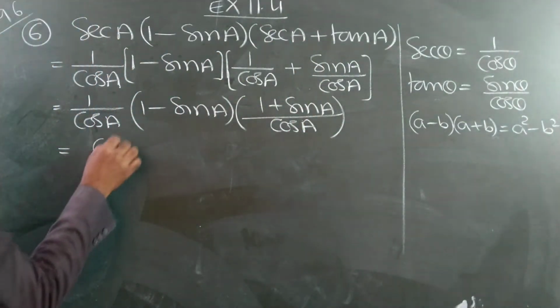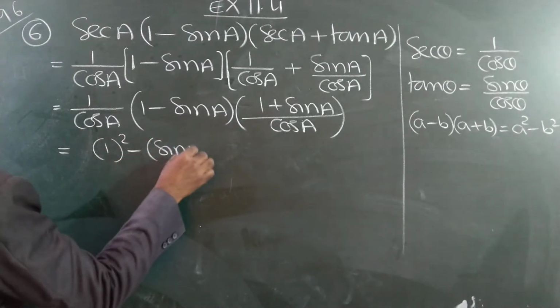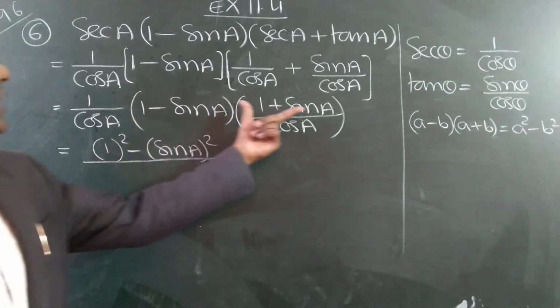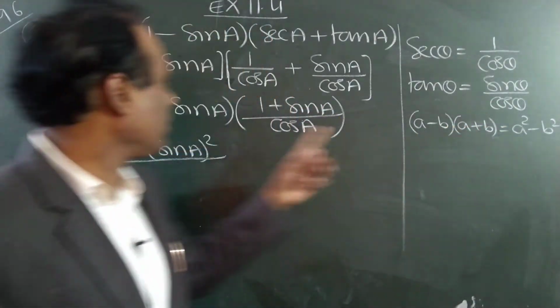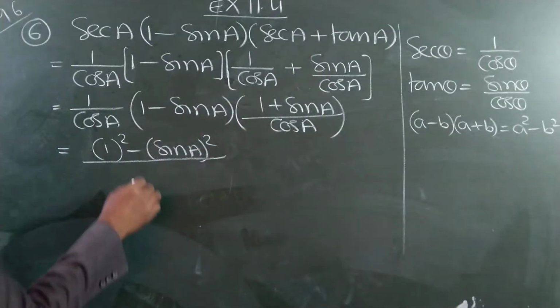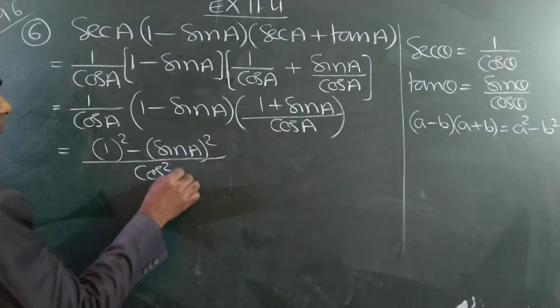A square means 1 square, minus B square, which is sin square. Cos into cos, cos square.